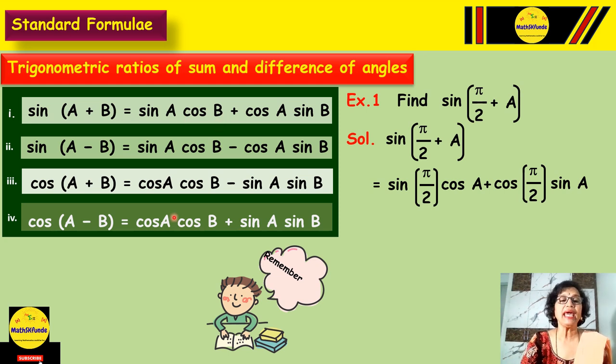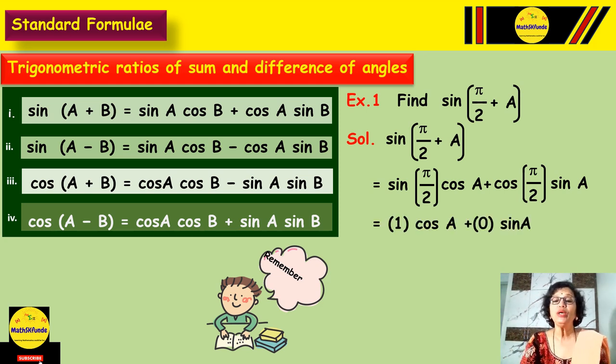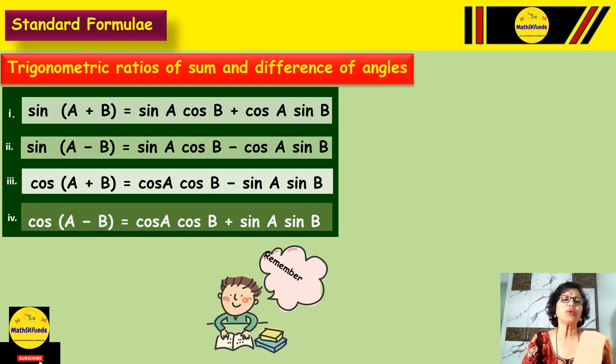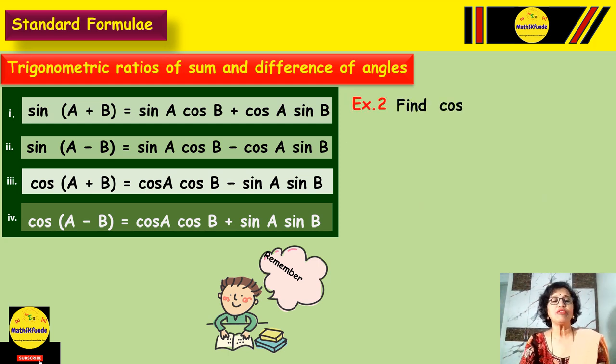Now substitute the value of sine pi by 2, that is 1, and cos pi by 2 is 0, and simplify it further, that leads to cos a. So my answer for sine of pi by 2 plus a is cos a. Now you may have this separately as a formula also, sine of pi by 2 plus a as cos a. Now let me take one more example where you can use one of these formulae.